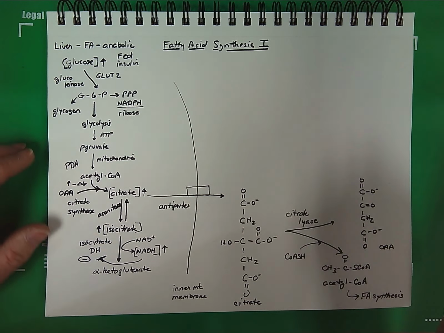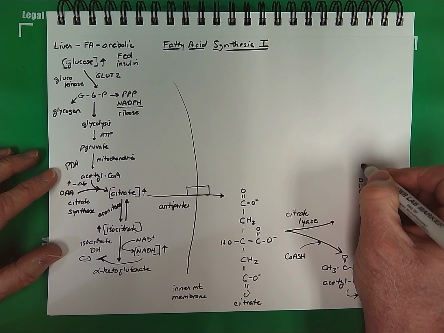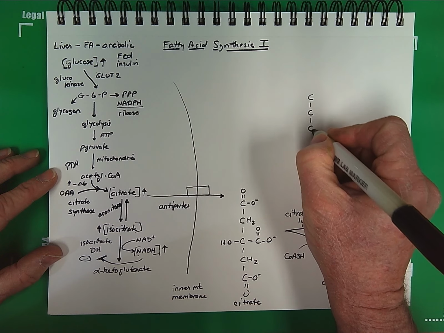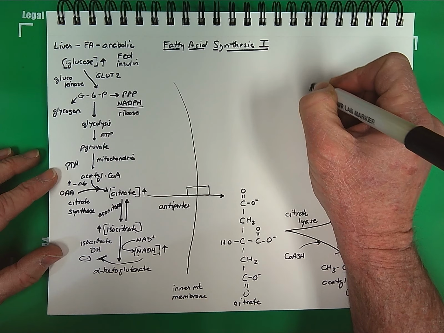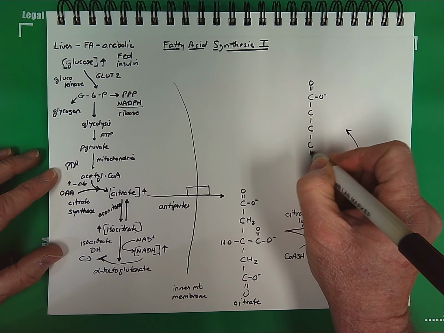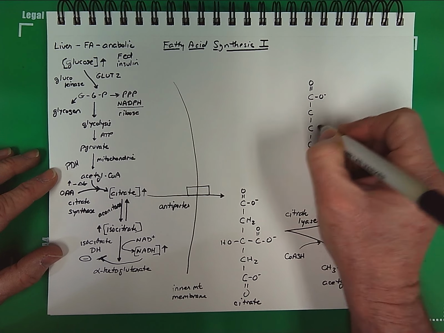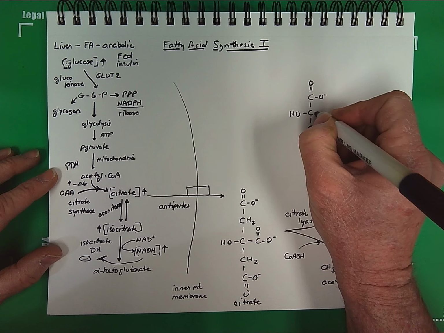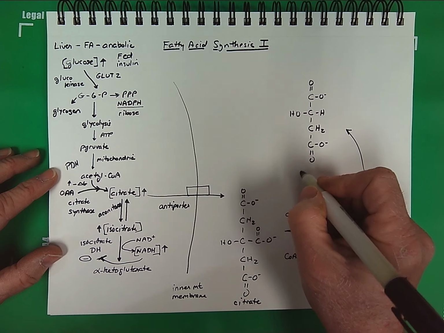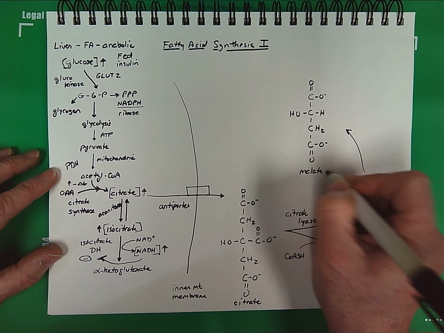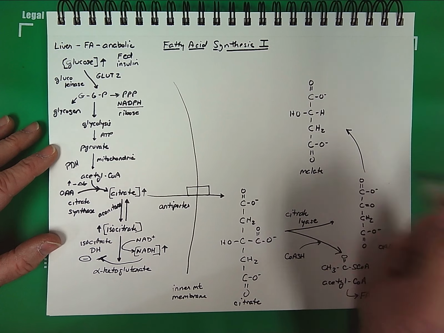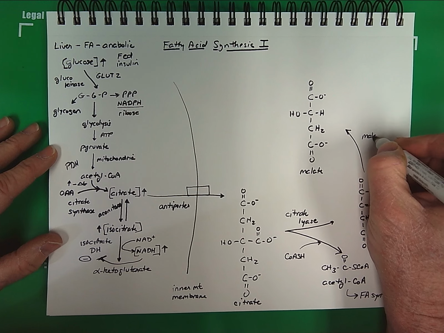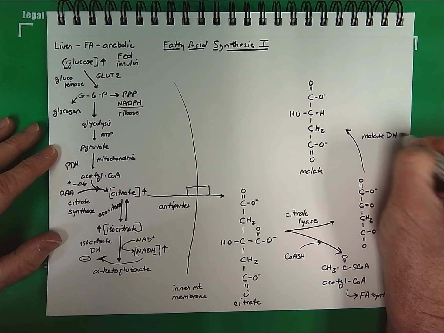So the next step for the oxaloacetate is to convert it to malate. Now, the enzyme that does this is called malate dehydrogenase.